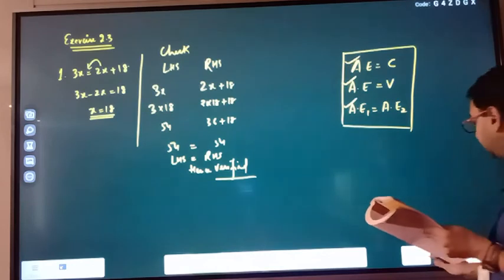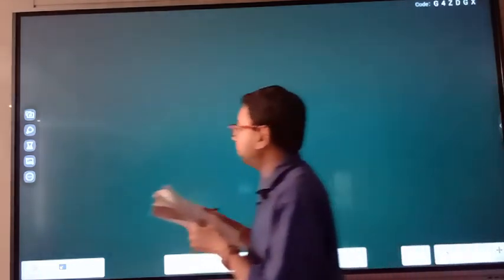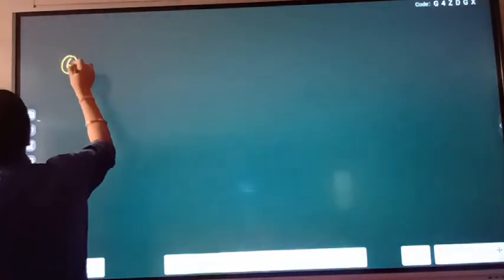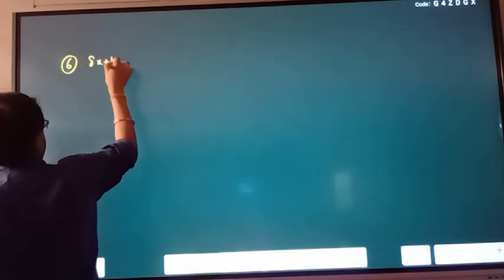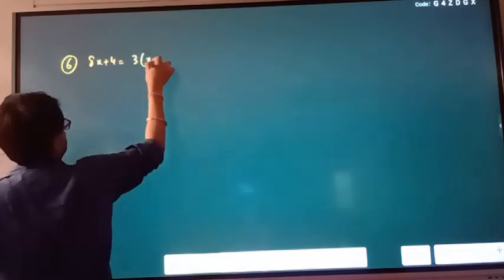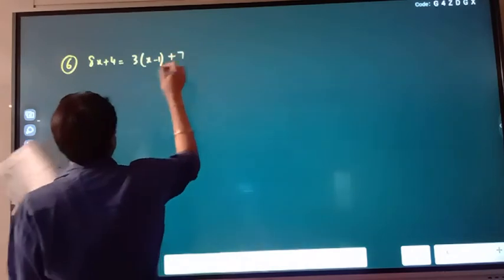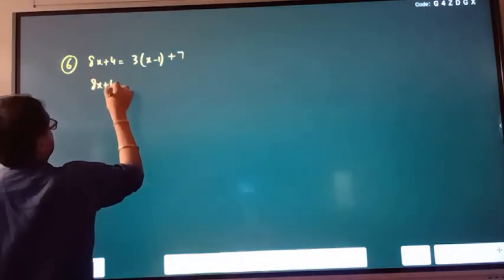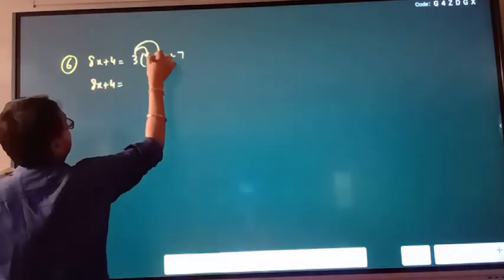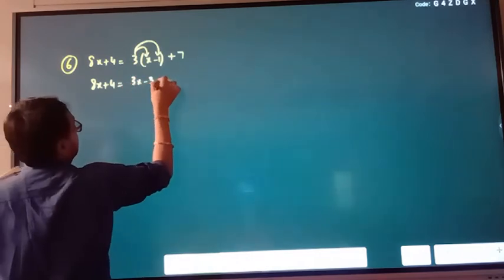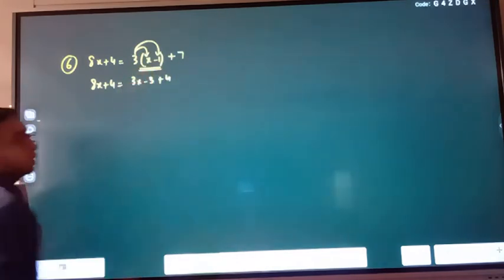I'll do question number 6 for you because the rest of the questions are the same. 8x plus 4 is equal to 3 times (x minus 1) plus 7. So 8x plus 4, distribute the value first: 3x minus 3 plus 7. This is the first thing. We have to solve the bracket first.